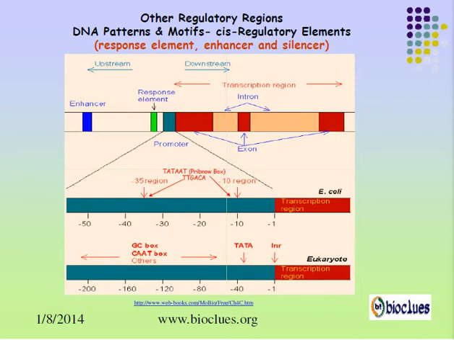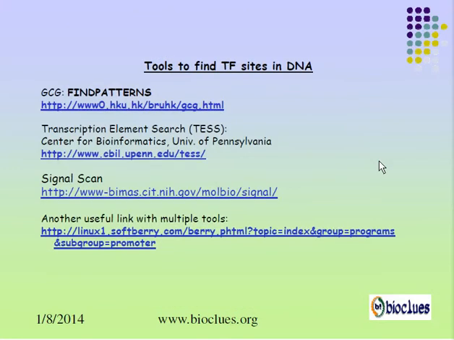Moving on, there are other regulatory regions like response elements and enhancers, silencers, or even the promoter region and other patterns and motifs, cis regulatory elements which might lie in the intergenic regions. Now, here we list a few transcription factor binding sites and tools to identify them in the DNA.